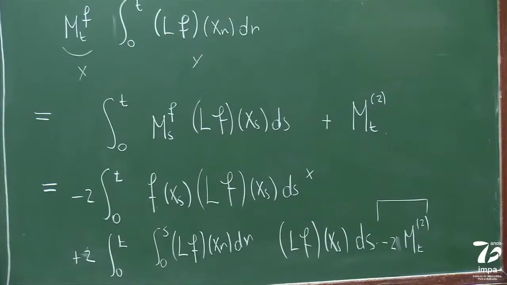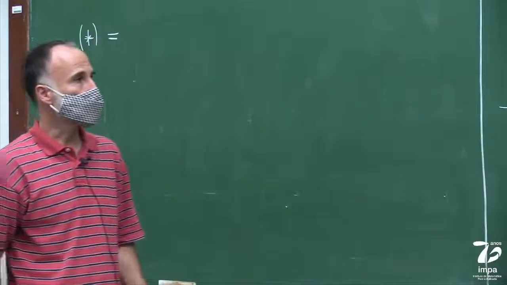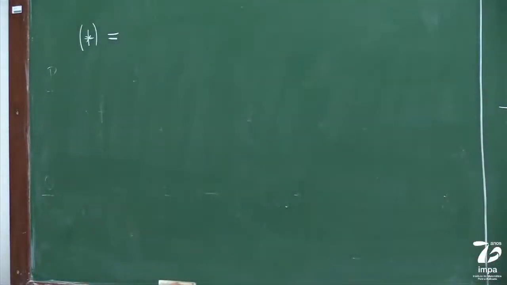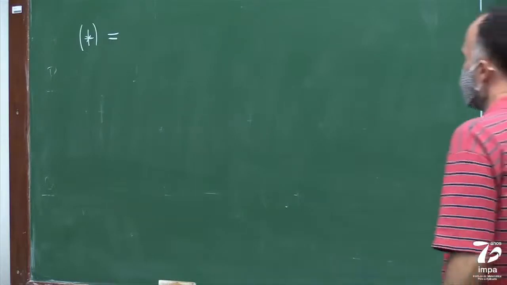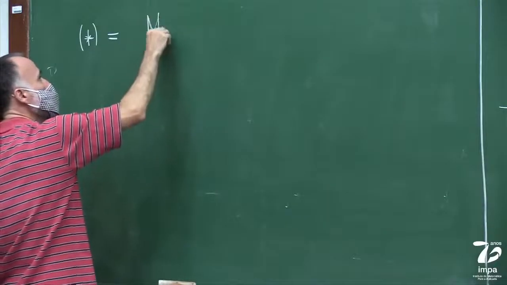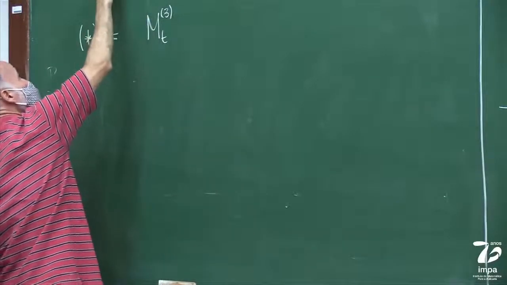what if I call this my equation star? I proved that star is equal to, first, the martingales. So there is M_t^1 minus 2 M_t^2. So this is a martingale, which I will call M_t^3. So this is M^1 minus 2 M^2.